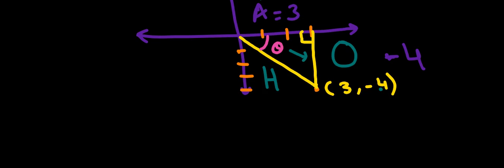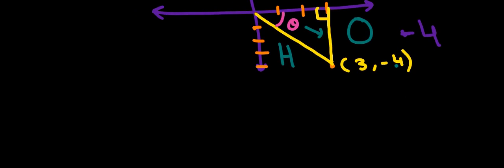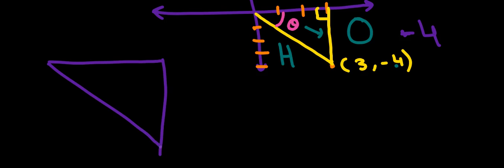I'm going to draw this triangle all over again so that it's more clear. So here we go. This is my triangle over here, and this is the right angle.